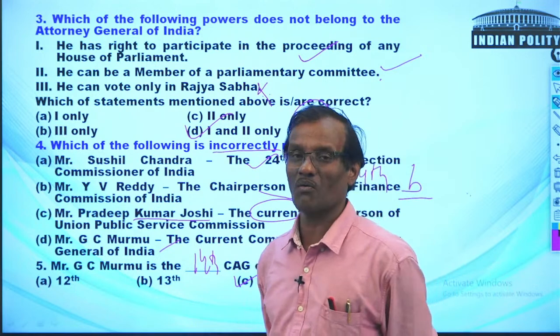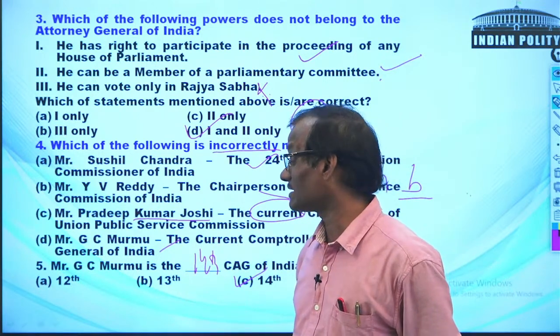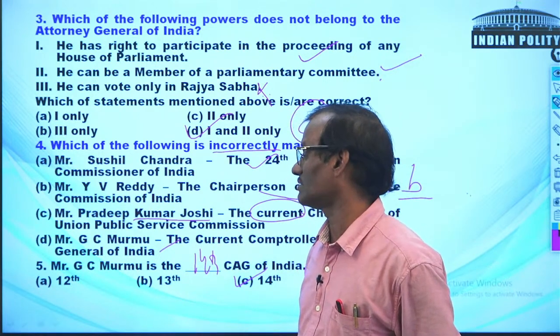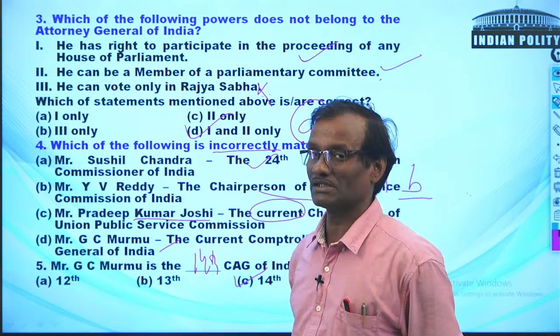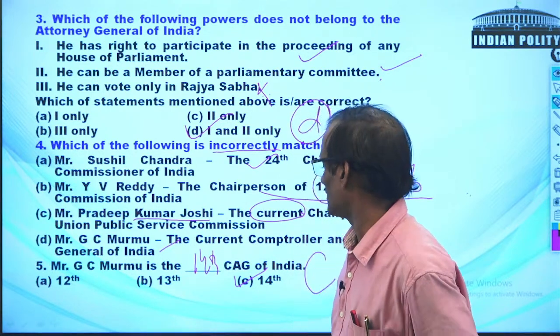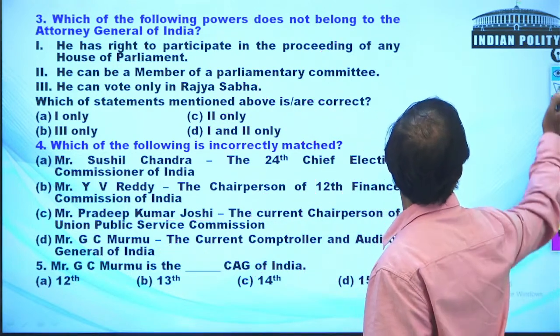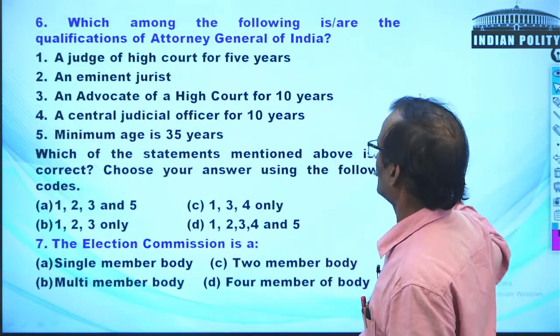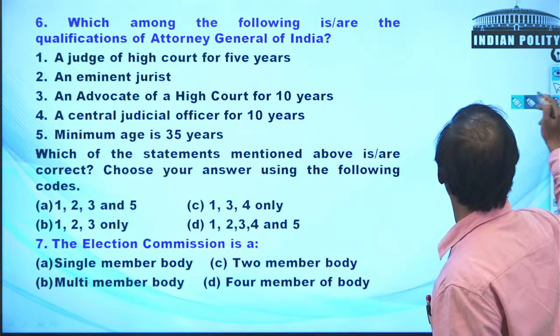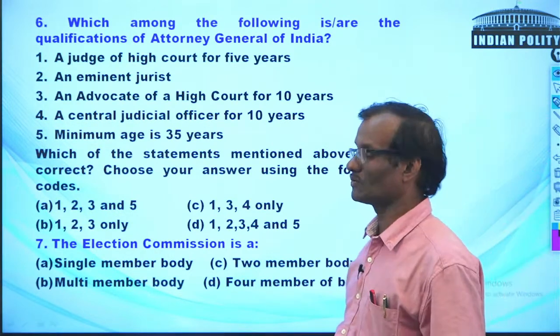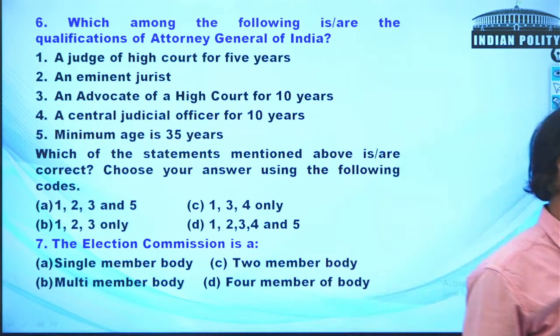And in this regard, G.C. Murmu is the 14th Comptroller Auditor General of India. Okay, so answer will be C. Kindly take a look at the two questions. We will come for discussion.